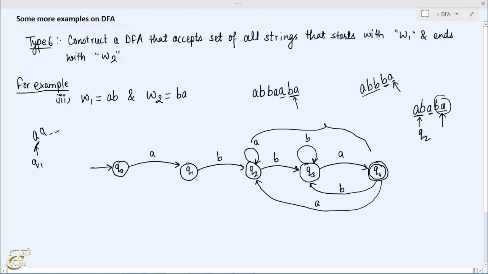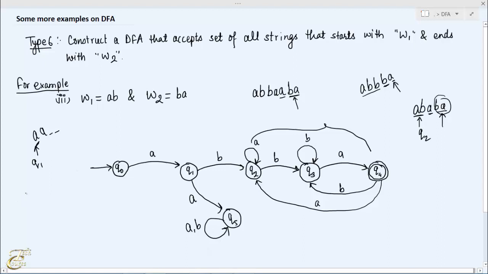That's why we make a new dead state Q5 and move to that state after reading a symbol A in Q1 state. And whatever the symbol read in this Q5 can't be accepted. That's why we make this transition.